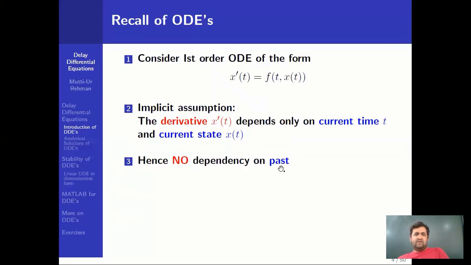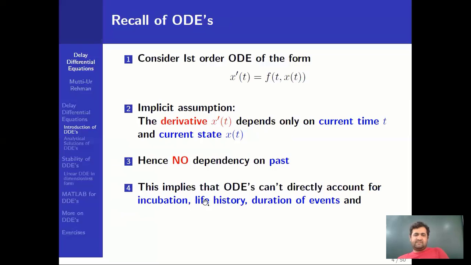Okay. So similarly, for instance, if you want to know something about maybe incubation, life history, or duration of events, then ordinary differential equations will not give you much information.